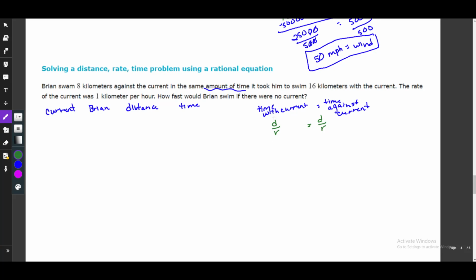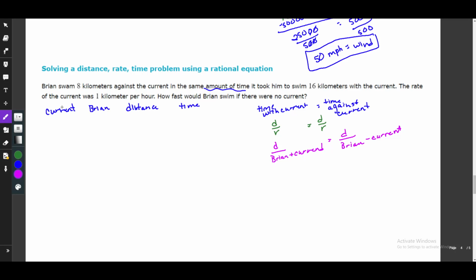Now my rate with the current is going to be, just so I can talk in words, distance Brian plus current equals distance Brian minus current.